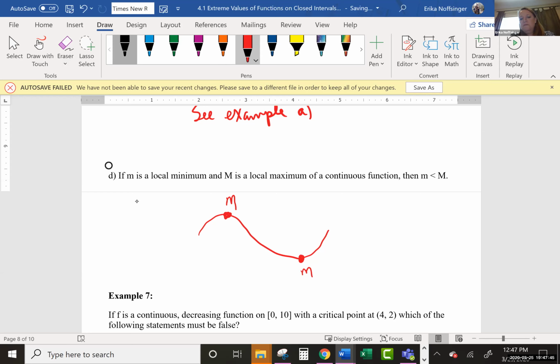It's a continuous function. Can you think of any function that you can draw where big M is the maximum, little m is the minimum, and where little m would not be smaller than big M, where it's continuous? So there's no way that you can do that. So this would be a true statement.